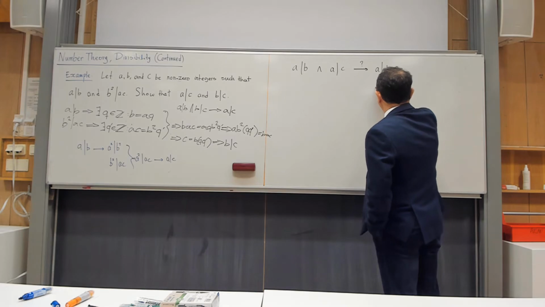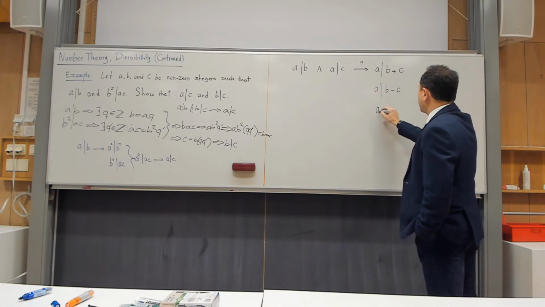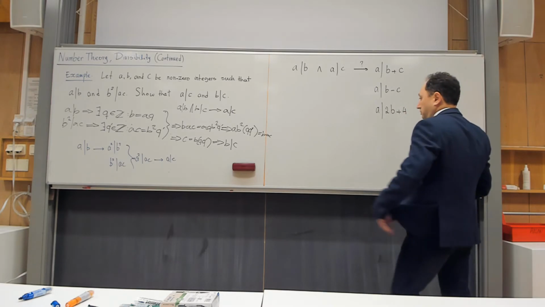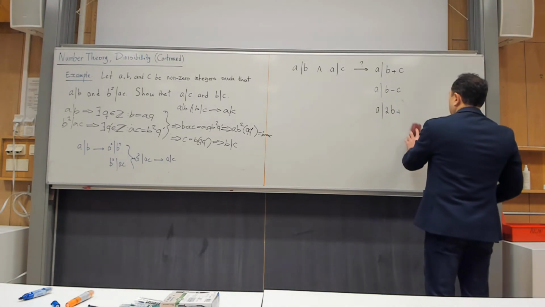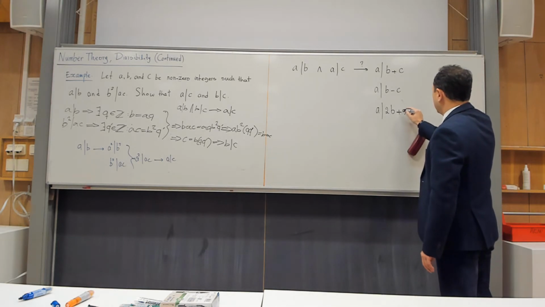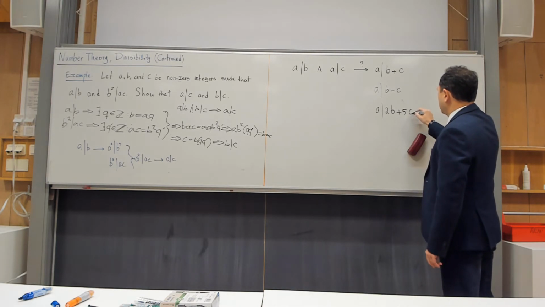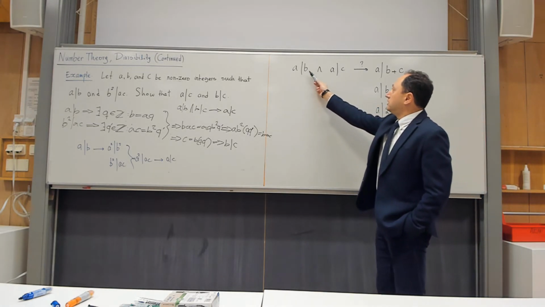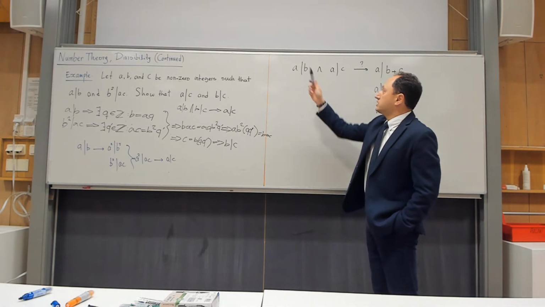What do you think about the difference? What do you think about such a combination? Let me make it. So I know that two numbers are divisible by one single number.